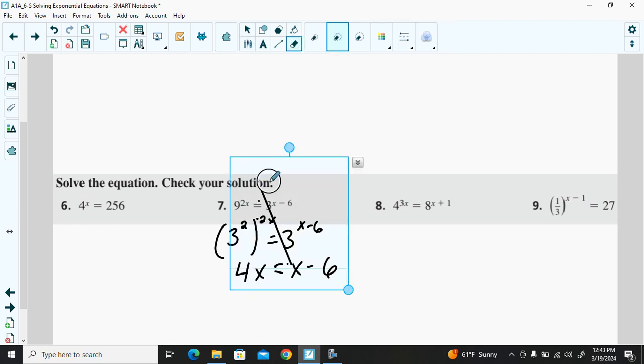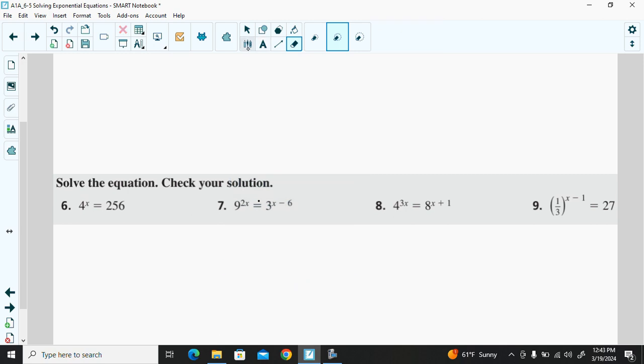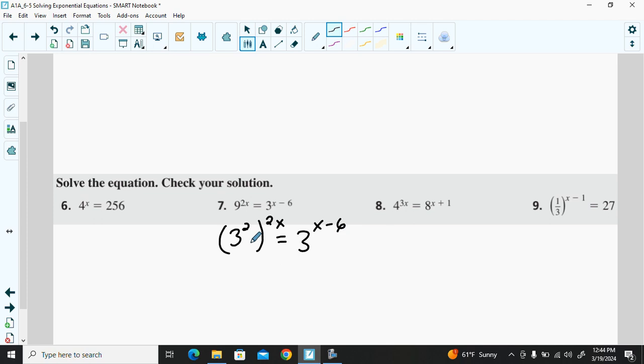Computer's going crazy. Let's do that again. 9 is the same as 3 squared, so we have 3 squared to the 2x. That's equal to 3 to the x minus 6. 2 times 2x is 4x.